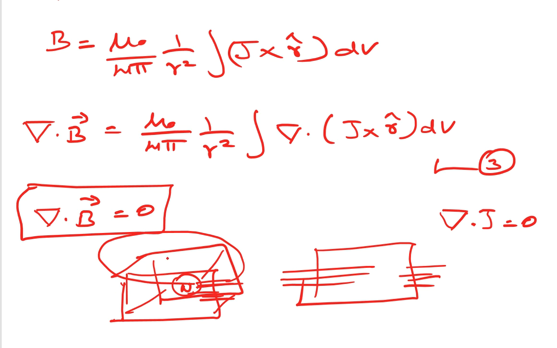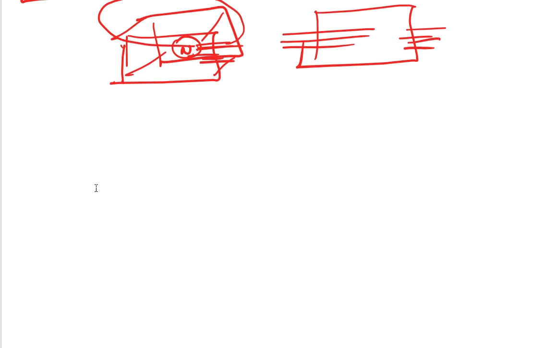Now let us take a volume. Over a volume, this divergence is equal to 0. So in this volume, del dot B equal to 0. The flux which is coming out through a surface enters on the other side.